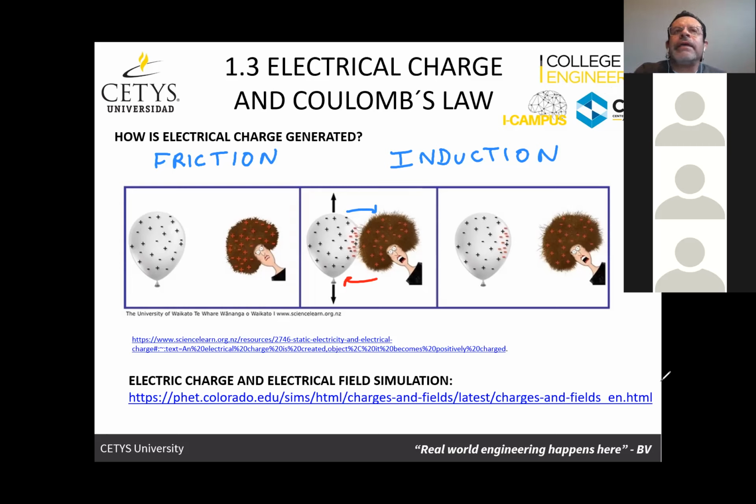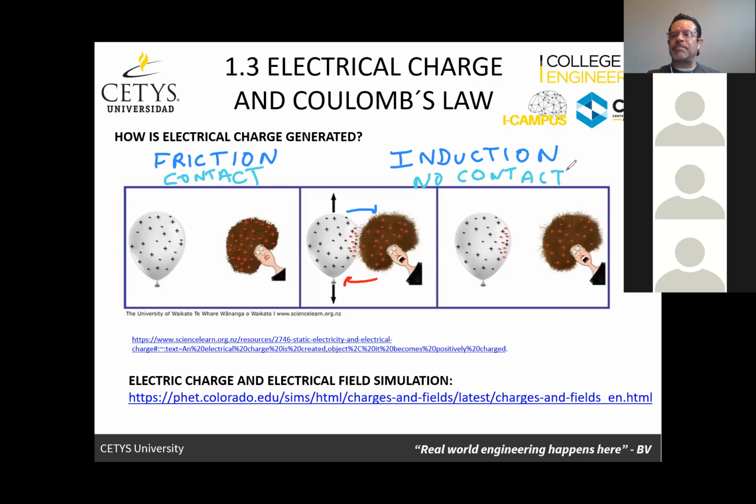Well, the thing here, Yesel, the rest of the group is in friction. In friction, there is contact. Would you agree with that? To have friction, I have to have contact between the two surfaces. Well, in induction, there is no contact.